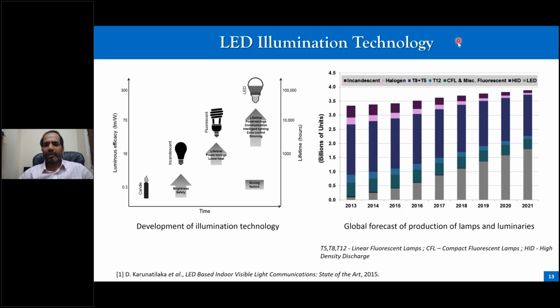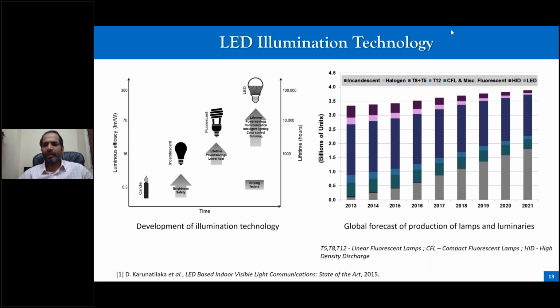We can also look at this from the slide that we have here. In this slide we are showing the production of these sources, and what the percentage of LEDs will be in the coming years.